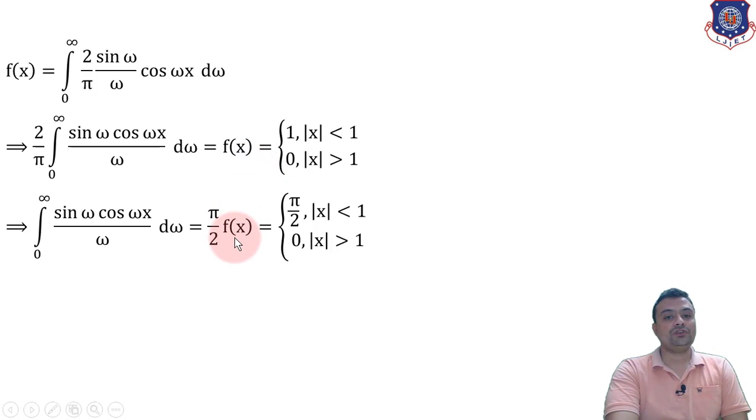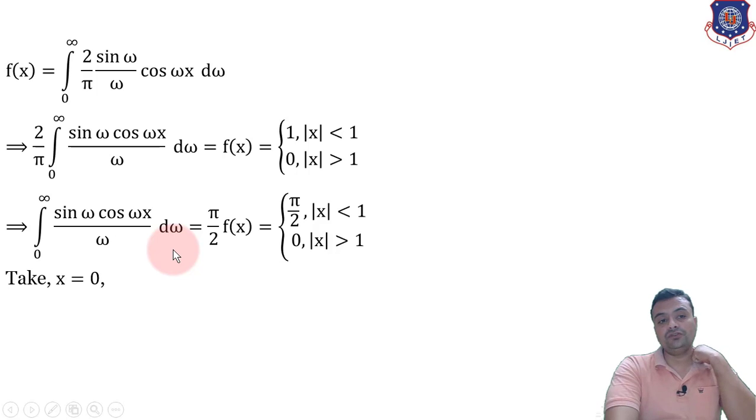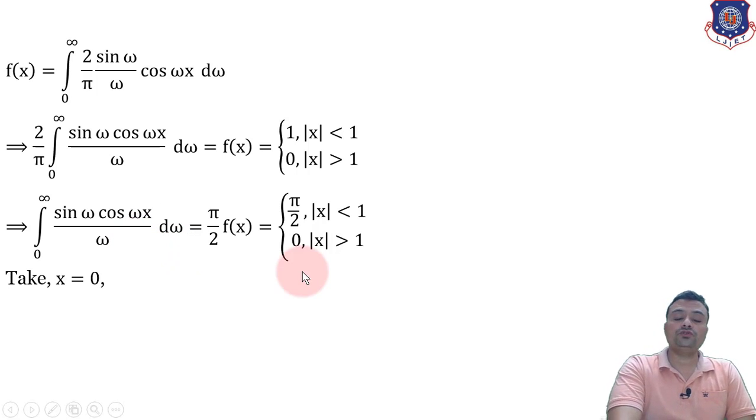Now here, you can see clearly that pi by 2 is multiplied to 1, and pi by 2 is multiplied to 0. And that means, if we have this function as a Fourier integral, we can figure out the value of this integration with the help of this pi by 2 in this range and 0 in this range.